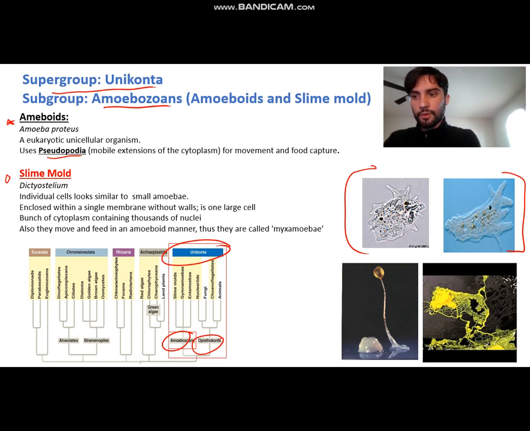And then we have slime molds, which we looked at already, Dictyostelium, right? And they also have an amoeboid stage, but then when they fuse, it's just a cytoplasm with a lot of nuclei, because nuclei undergo mitosis, right? Without cell division.